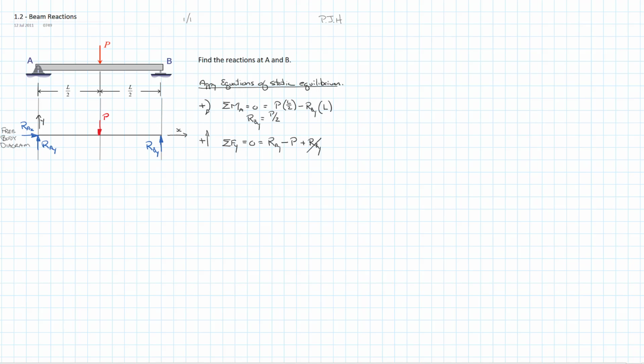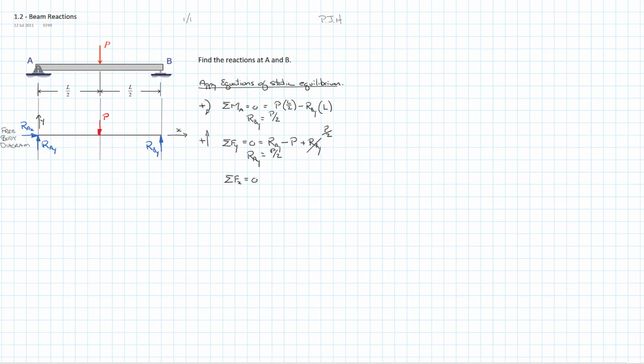Now, in this case, we already have a solution for RBY, which is P over 2. And so we can substitute that back in there. And that means we only have one unknown, RAY, and we determine that it also is equal to P over 2.